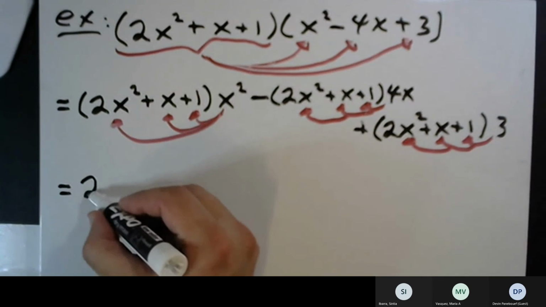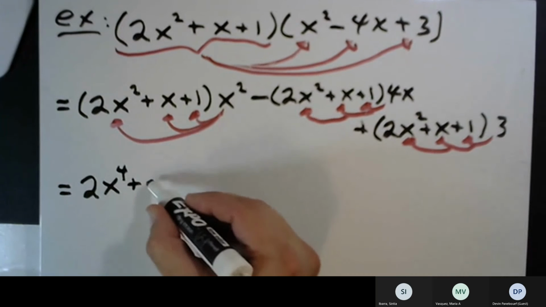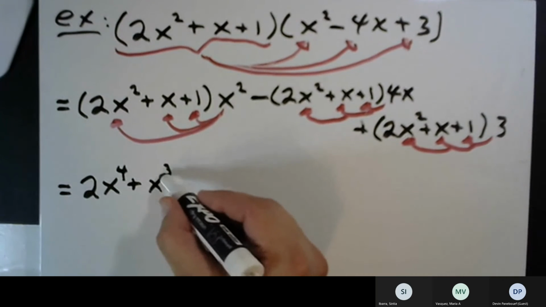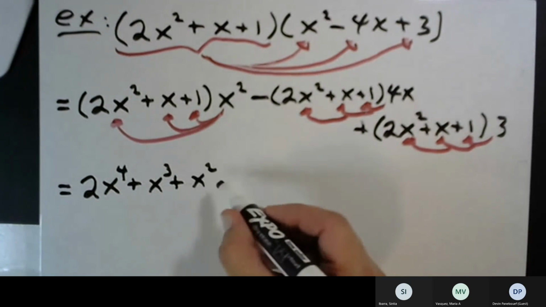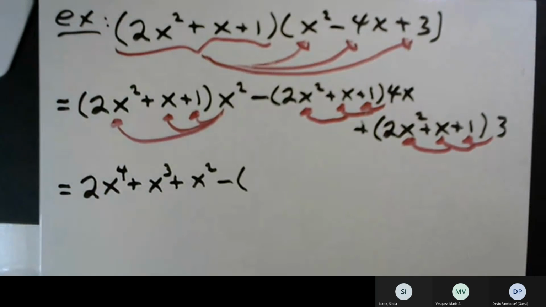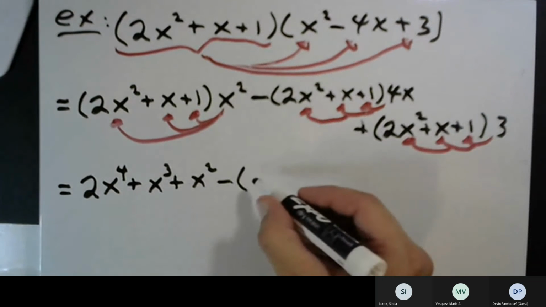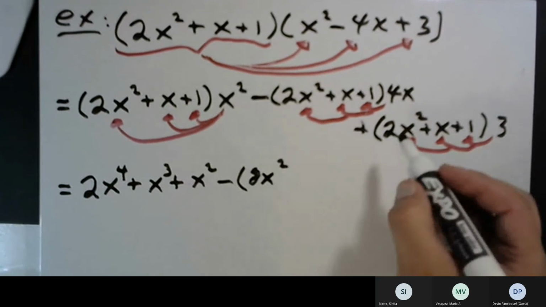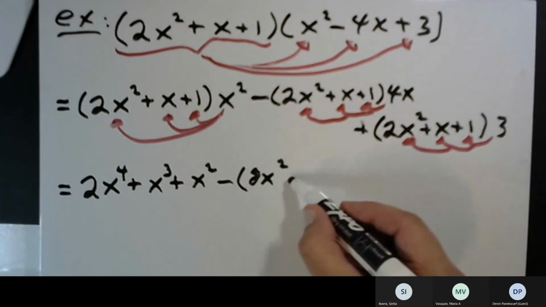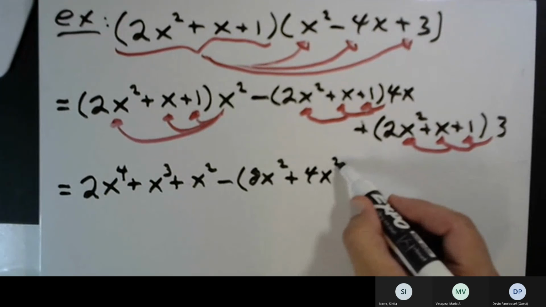So this will become 2x to the fourth plus x cubed plus x squared. Now, because of the minus here, I'm going to keep the minus and the parentheses. 4x times 2x squared is 8x squared. 4x times x is 4x squared.